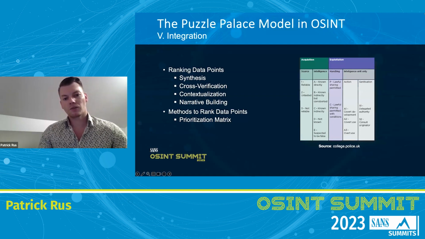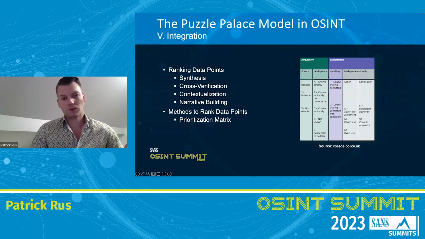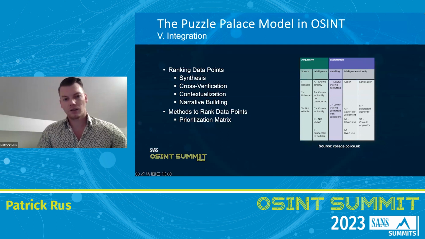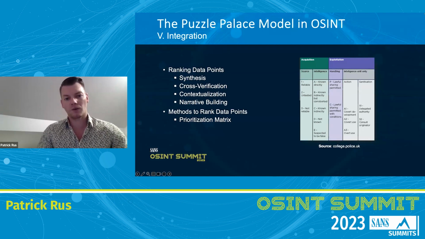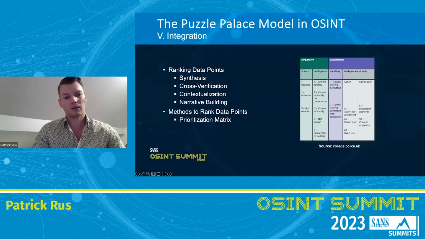So here we have to do a synthesis about what we have collected. We have to cross-verify the data points and validate them. We have to understand the context of how these data points are related at specific timestamps. And we have to build the narrative for the audience, our target audience, based on the requirements that were set in the beginning of the investigation.